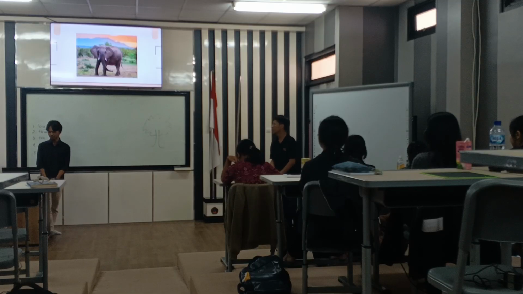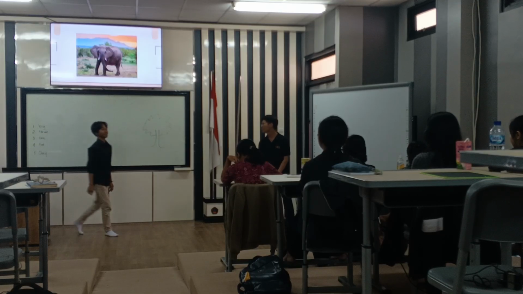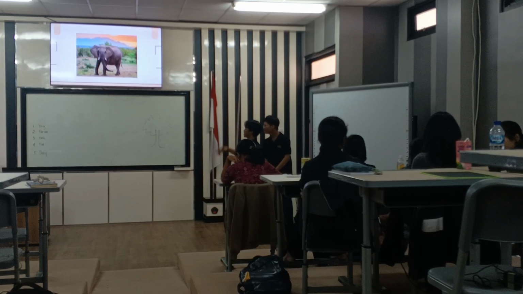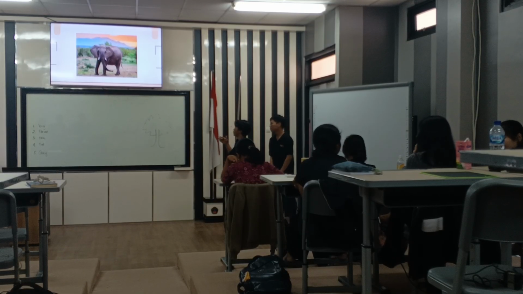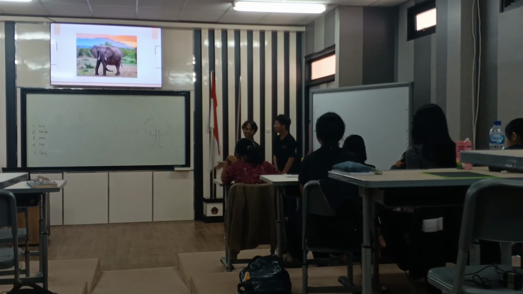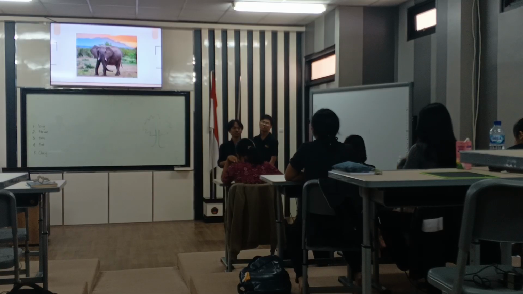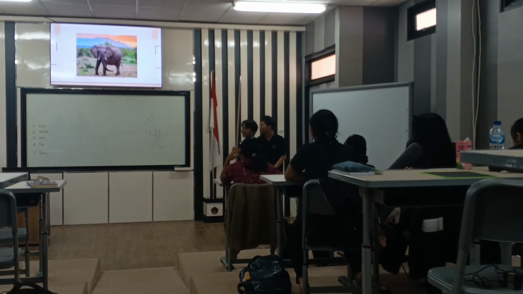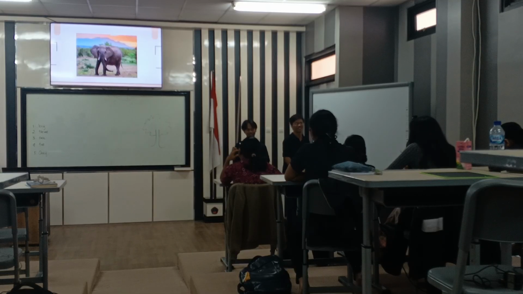So may you help me to explain the activity? Okay, now we have the keywords from the picture. They are big, trunk, tail, top, and gray. Now I would like to ask you to write one simple sentence for each person, and then you must write it on the whiteboard in front of the class.